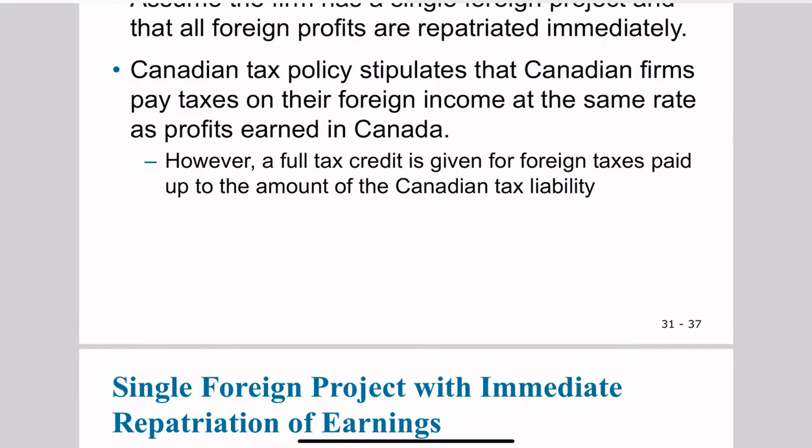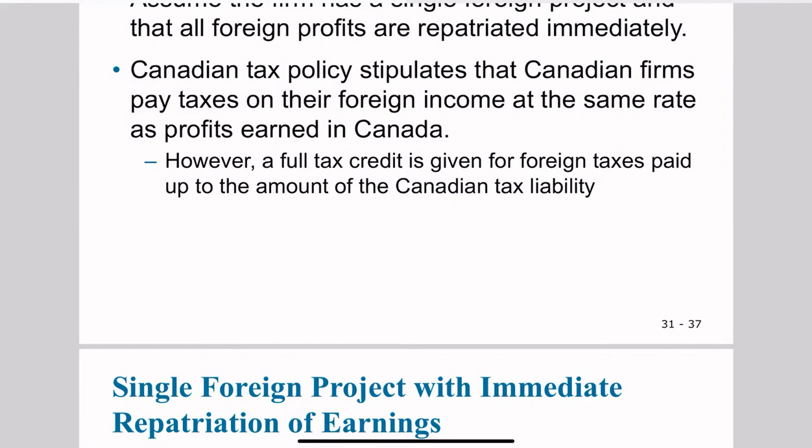The important result here is the tax credit is up to the amount of the Canadian tax liability. So this basically means if a firm pays overseas tax which is higher than its Canadian tax liabilities, then it will ultimately pay a higher tax.